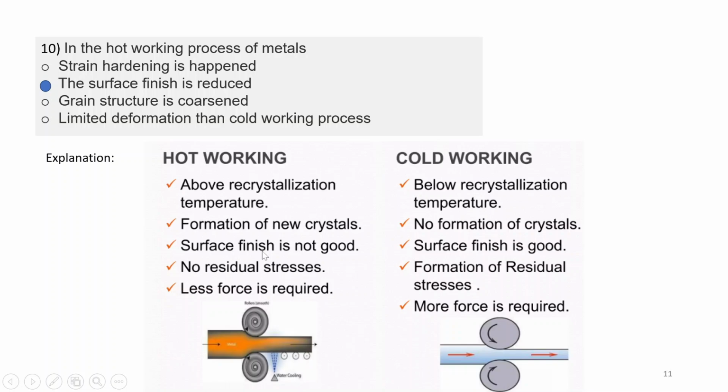In hot working, surface finish is not good, and in cold working it is better, with better tolerance as well. In hot working there are no residual stresses. In case of cold working, you have residual stresses as well. In hot working, less force is required because of high ductility. In cold working, more force is required.